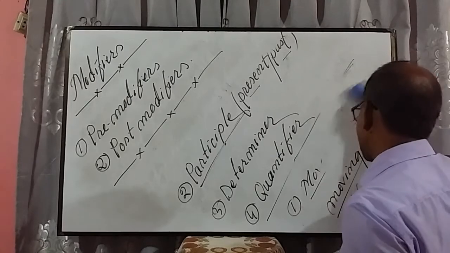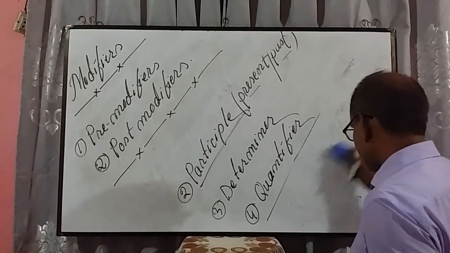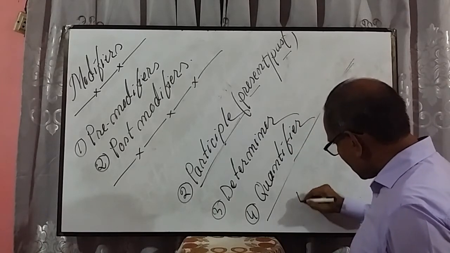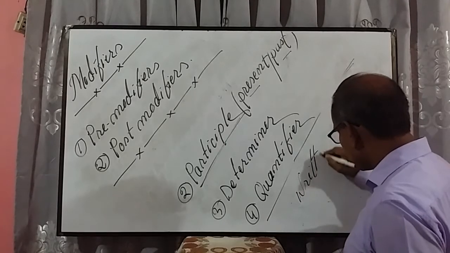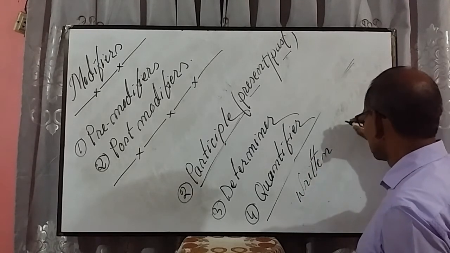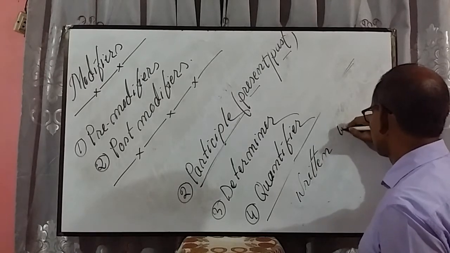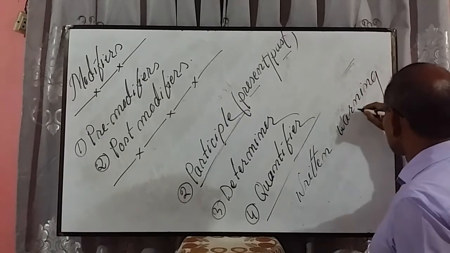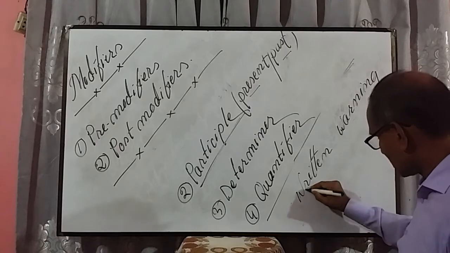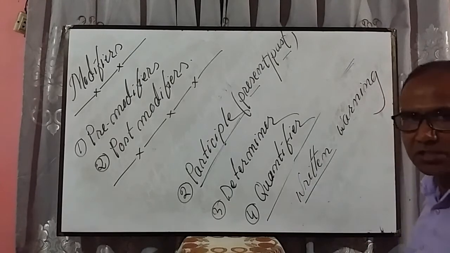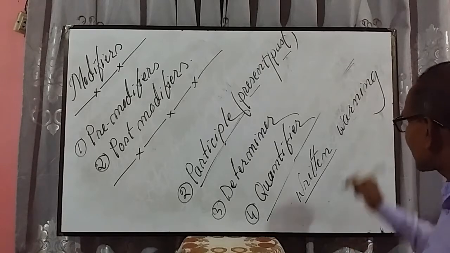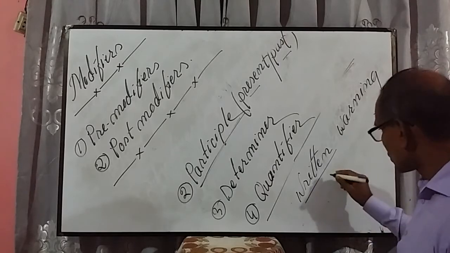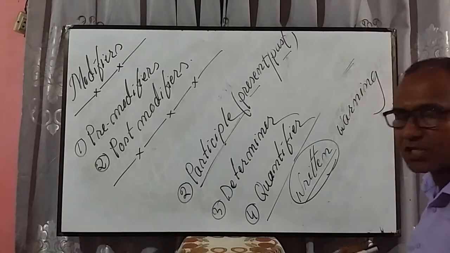Present participle done, and then past participle, like written warning. Warning is a noun, and the present state is, what kind of warning is it? It's a written warning, right?